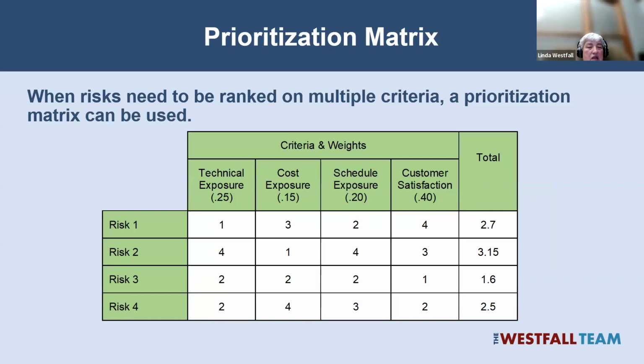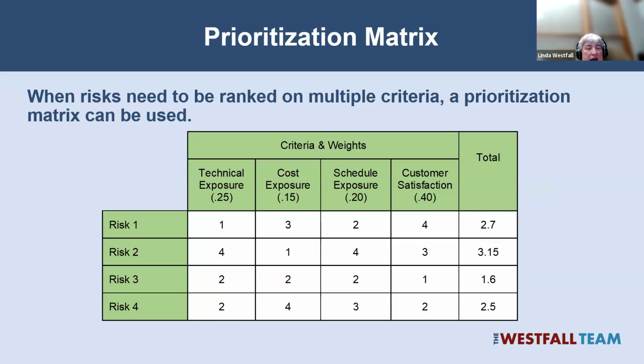Or we can use some kind of prioritization matrix, again, to rank our risks. So we can look at various risks. We can look at the technical exposure: the probability we have technical issues times the loss if we do. Cost issues: the probability we have a cost issue, the loss if we do. And we can rank on a scale of 1 to 5, 1 to 10, whatever.